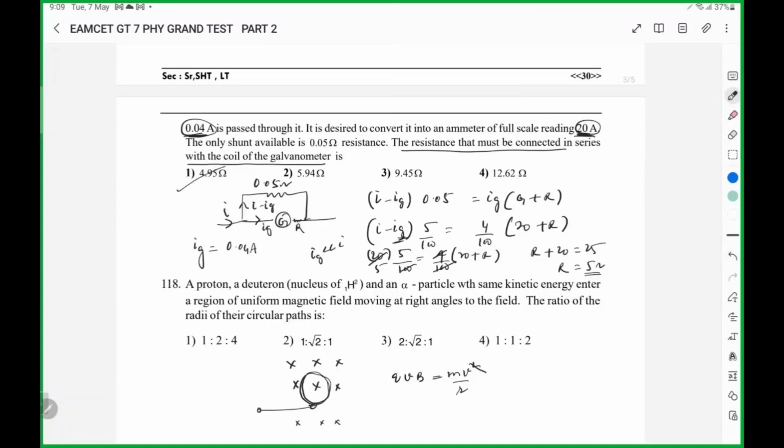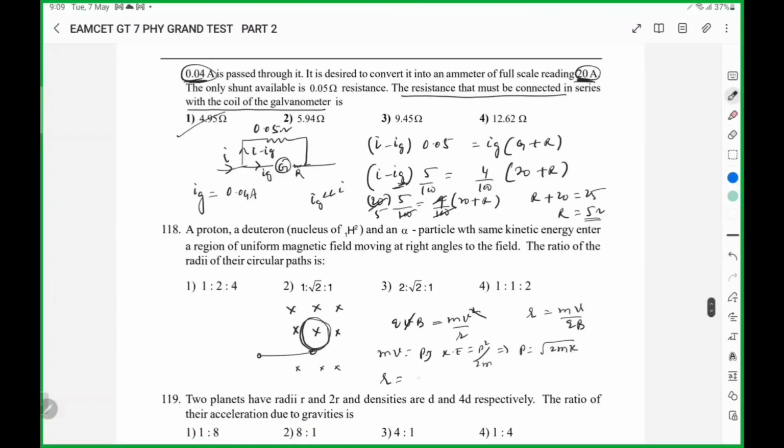So then R will be mv by qB, where mv is momentum. Kinetic energy is p square by 2m, so p will be root of 2mK. So R will be root of 2mK by qB.